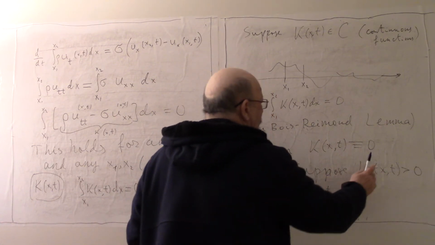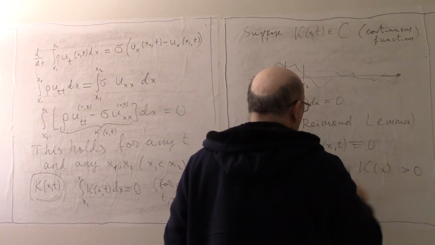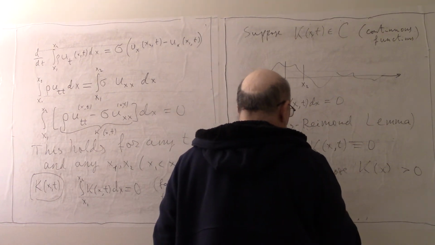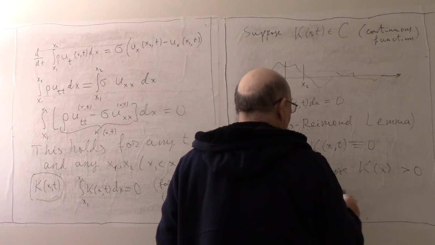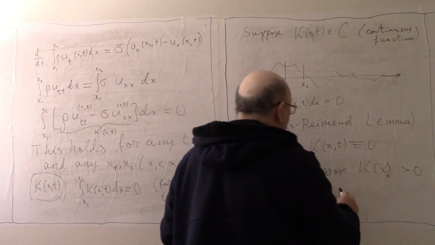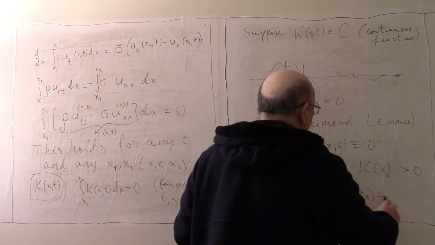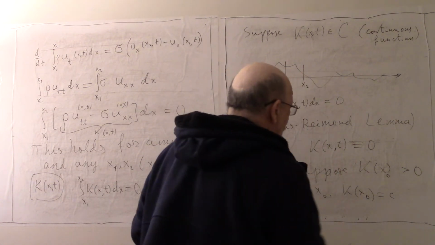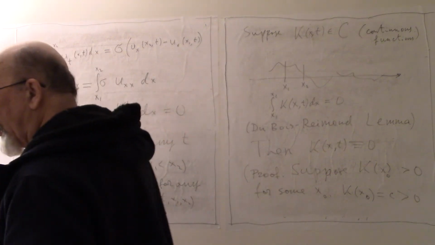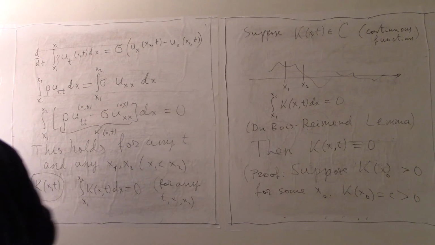Let me drop t; in fact, t is just a parameter, so k of x. If k(x) is nonzero for some x0, so k(x0) equals c more than 0. One moment, let me make some space.